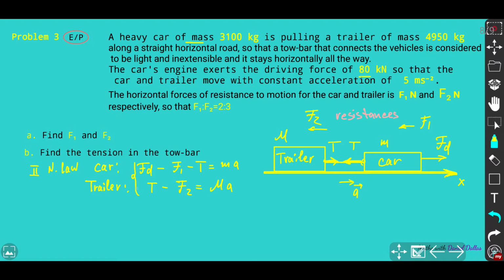And so what we can do, we need to get rid of the tension, so that's why we add them up, and we'll get driving force minus F1 minus F2 is going to be equal to, so I'll factorize a, and on the right side I will have the total mass. So actually what you can see here, this equation, we could derive from the connected model as if we consider two objects as a single one.